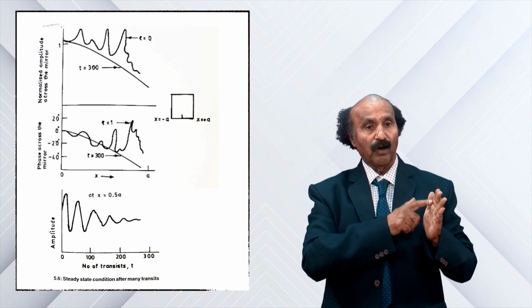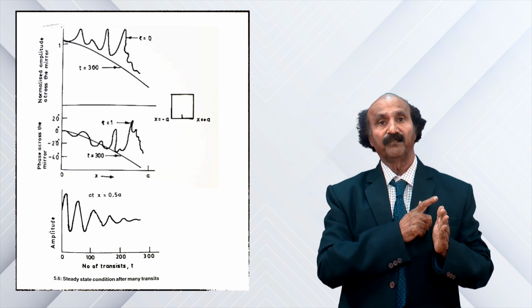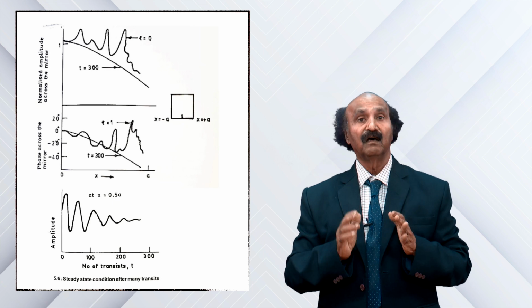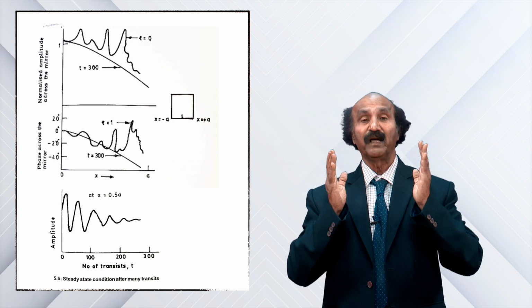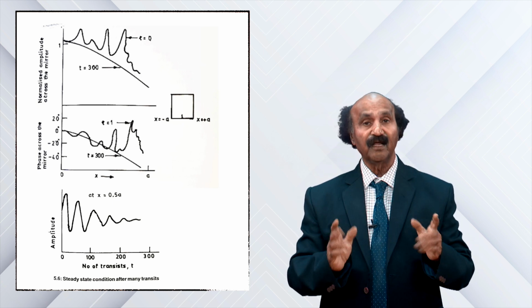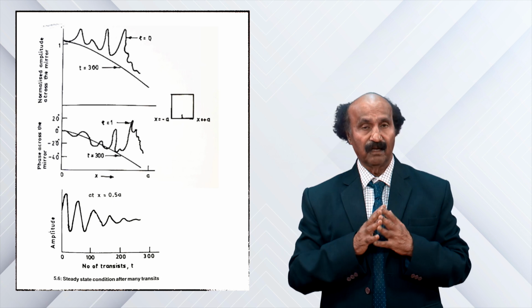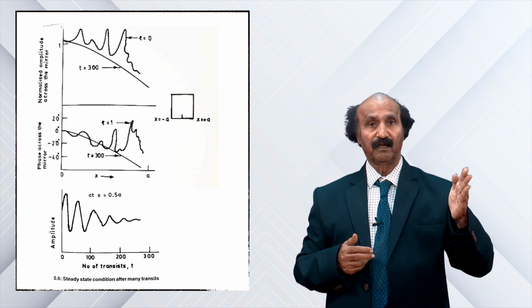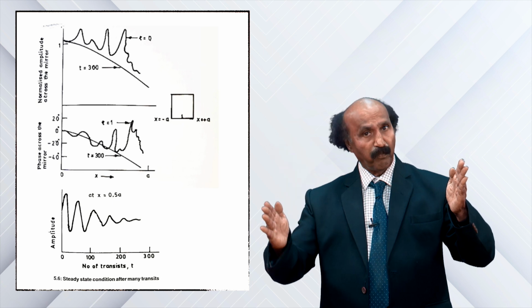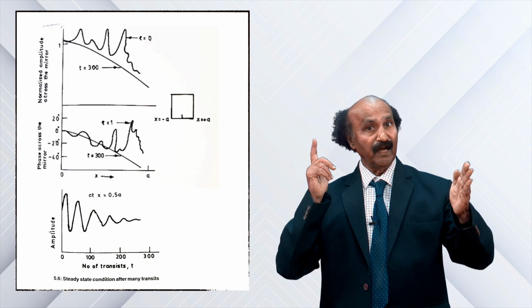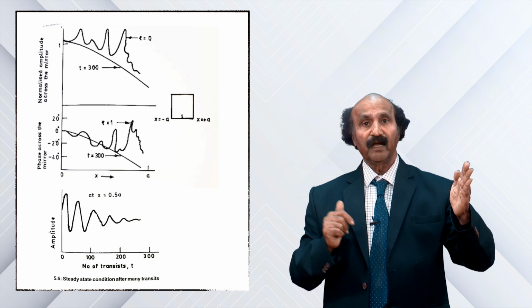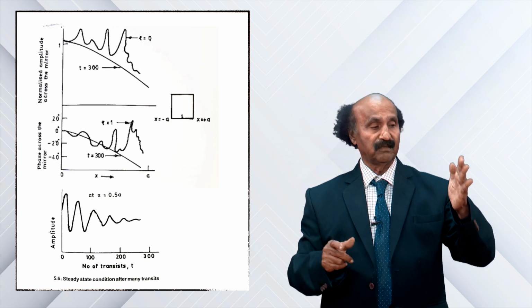Then for one complete iteration, the total distance covered is 30 centimeter. 30 centimeter would be covered by the light in 1 nanosecond. It takes only 1 nanosecond to come back.